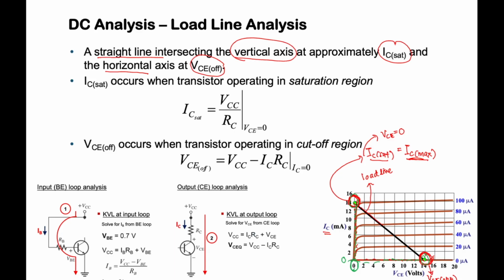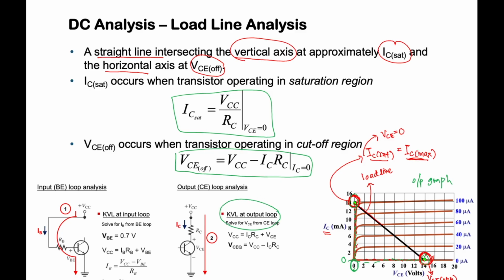And if you look at this particular equation, how does this equation come out? Since this is the output graph, we are dealing with KVL at the output loop.